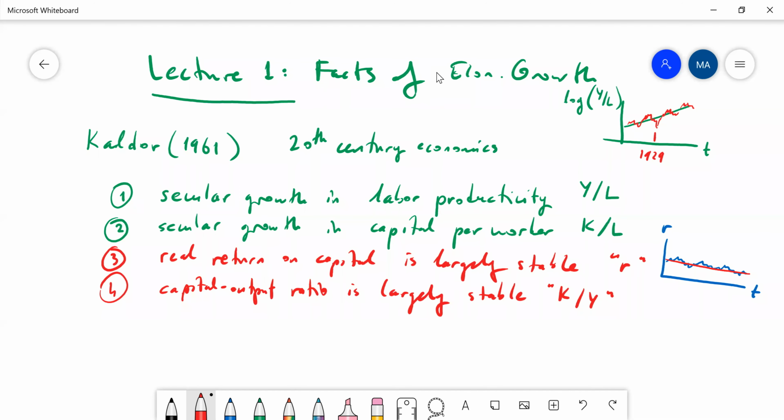And this is the capital income share, right? Because for each unit of capital, you earn a return of R. So RK is some real measure of capital income, and the capital income share in GDP or GNI, however you measure it.